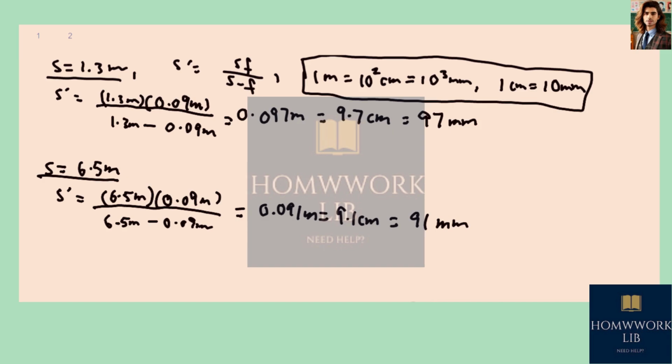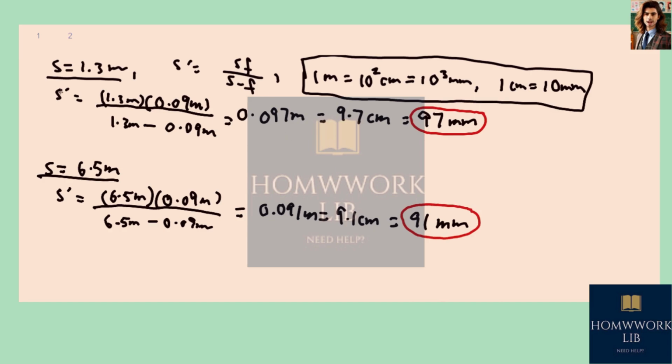So for the case where the object is closer to the camera lens, we have an S prime of 97 millimeters, and when it's farther away, we have an S prime of 91 millimeters.